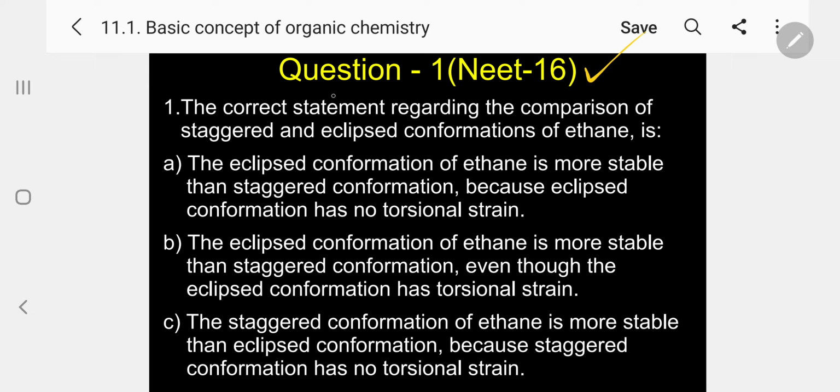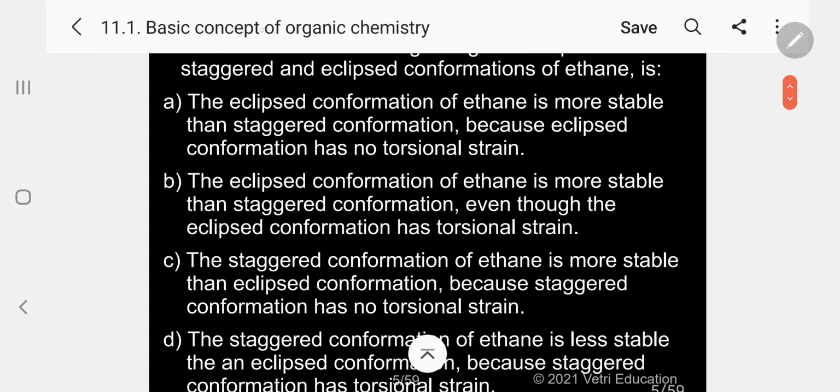The correct statement regarding the comparison of staggered and eclipsed conformations of ethane is: A. The eclipsed conformation of ethane is more stable than staggered conformation because eclipsed conformation has no torsional strain.